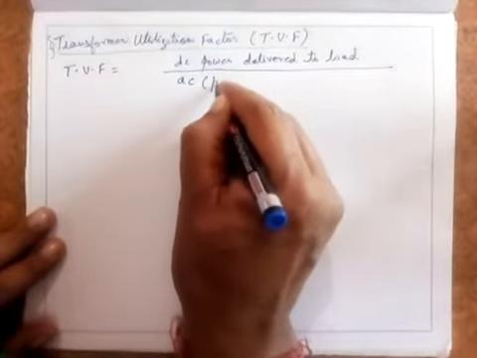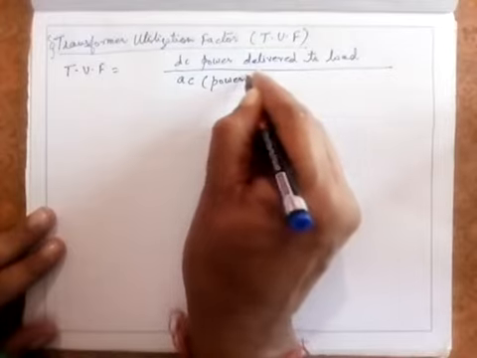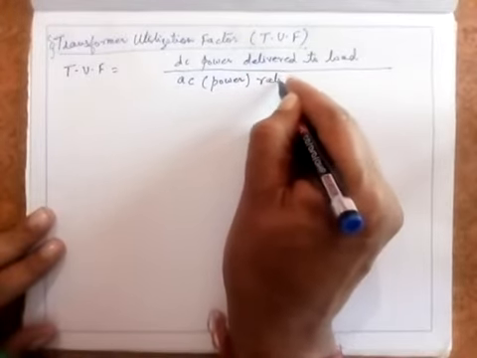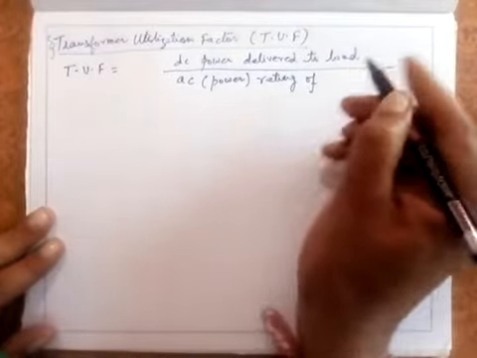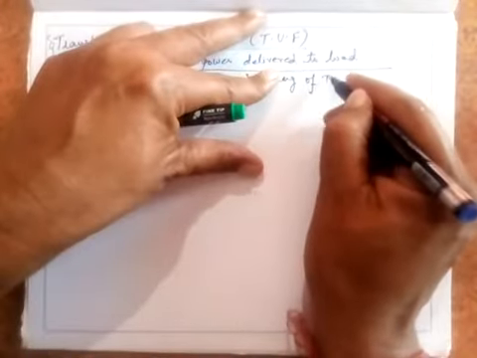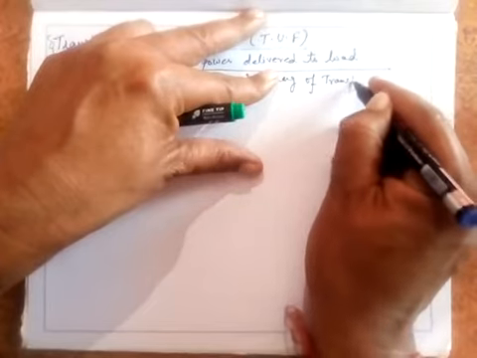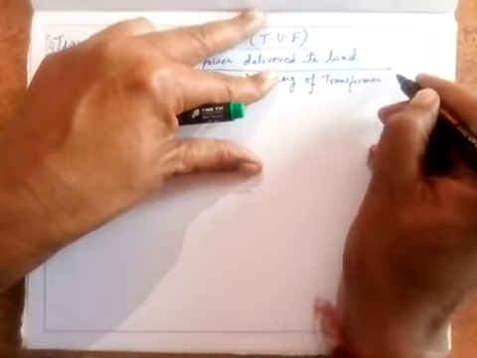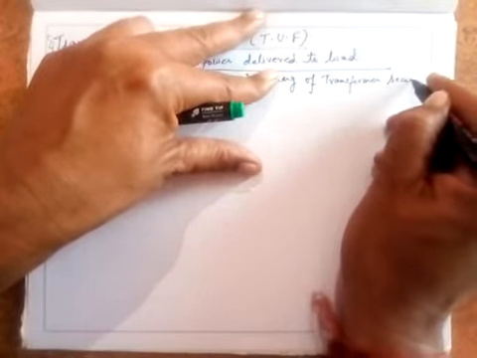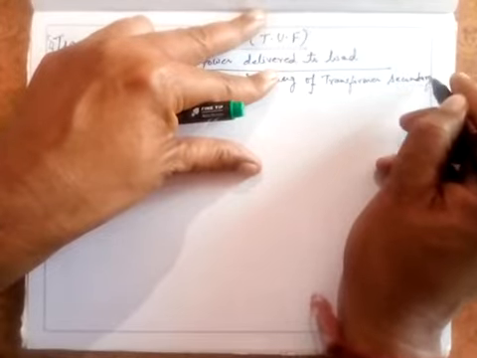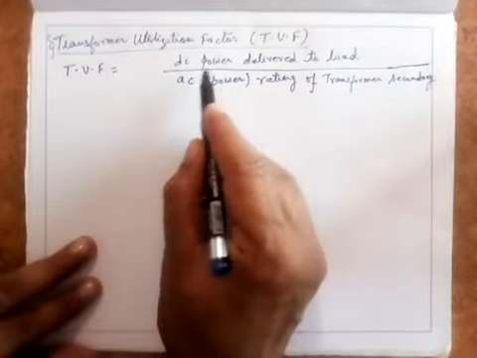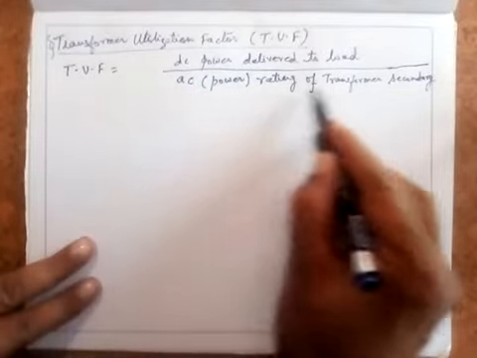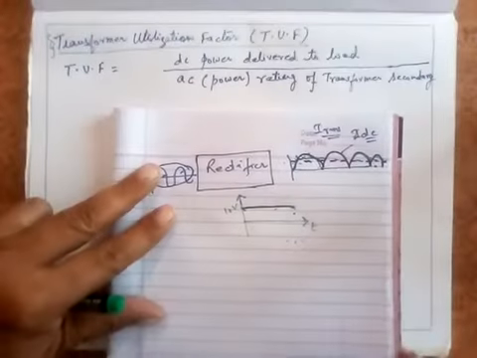Or let me use power also, although it is called AC rating, AC power rating of transformer secondary. This is the mathematical definition. Now let me explain this. In general, it is the ratio of DC power delivered to the load to the AC power rating of the secondary. Now, what do you mean by this?